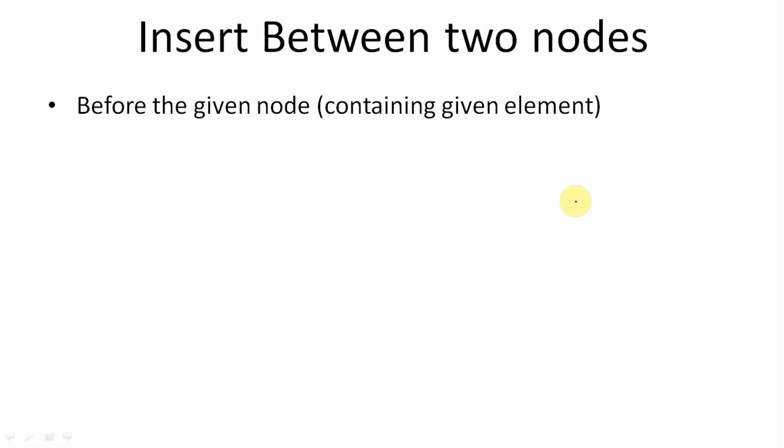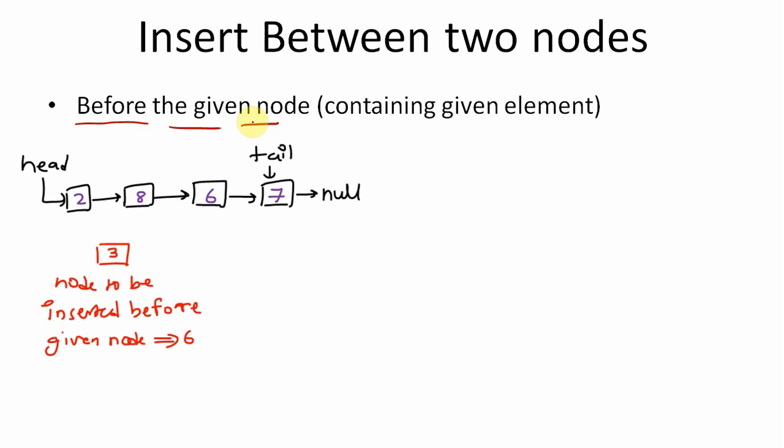Now we'll see the scenario before the given node. See, in a linked list, whenever you want to insert a node, you must know the previous node of that particular position, so you can change the next reference of that particular previous node. So see, if I want to insert 3 before the node containing 6, means between 8 and 6 I want to insert.